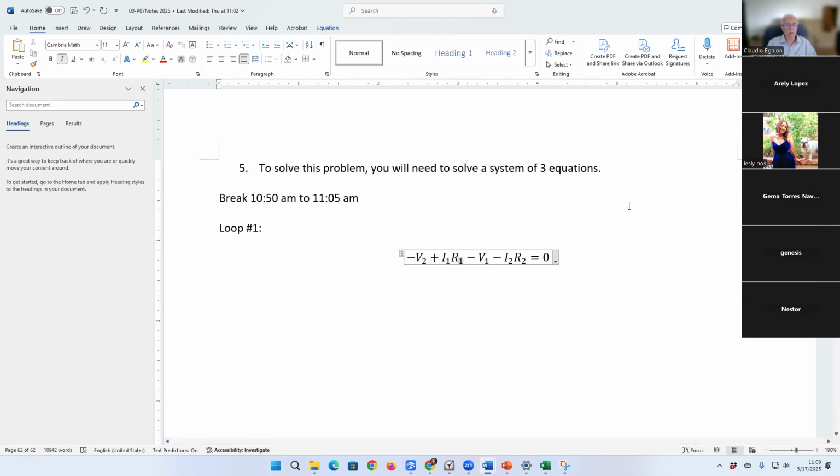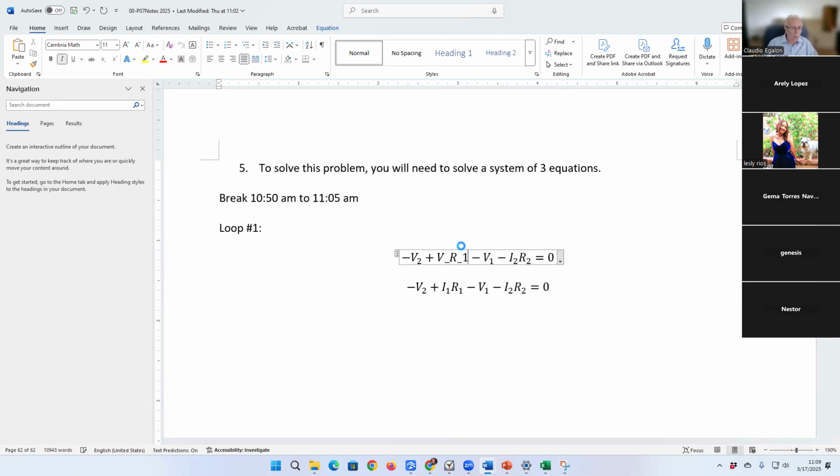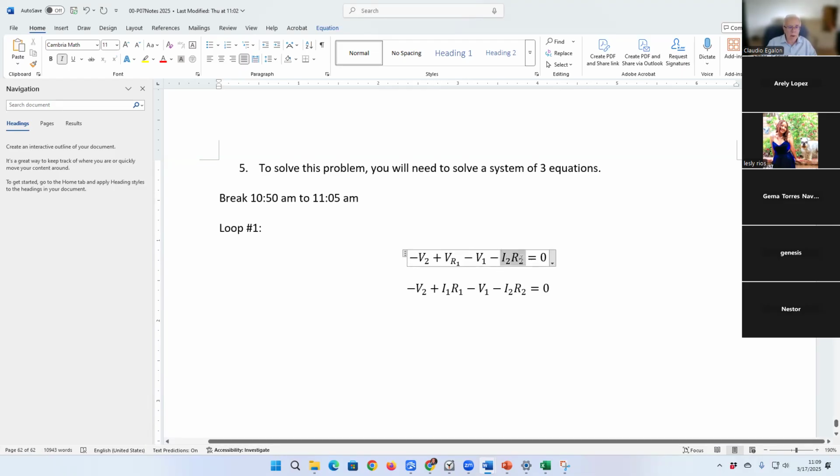I'm skipping a little. Let's put it this way: VR1, and here is minus VR2. That's our first equation.